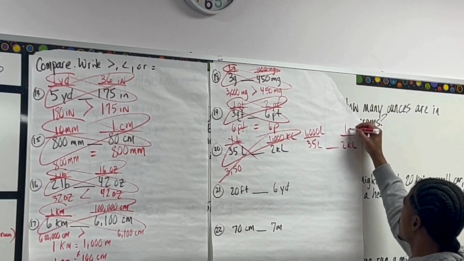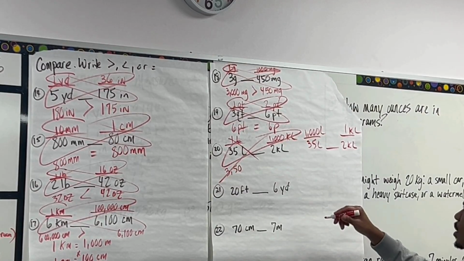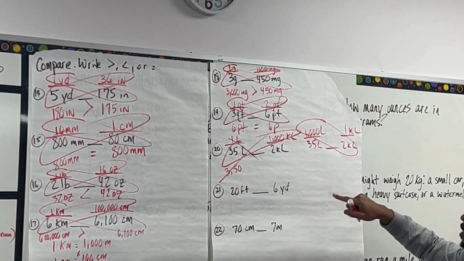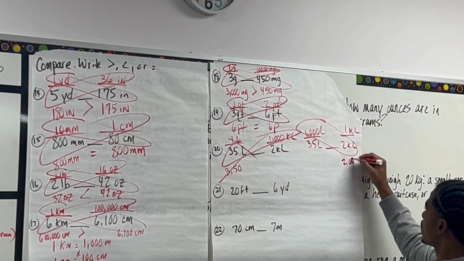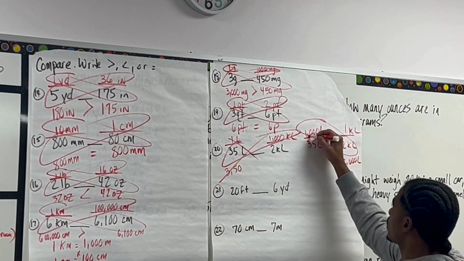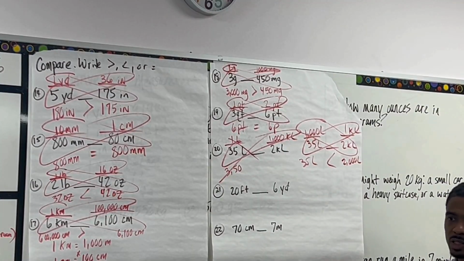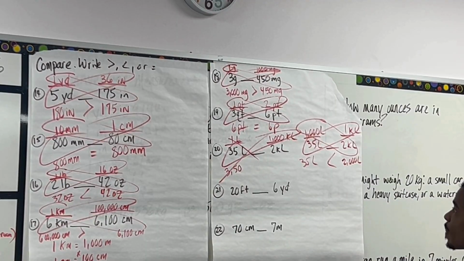Because that's 1,000 liters. It would have looked like this. I feel like I seen some people, they was like, whoa, whoa. My bad, I did those backwards. Okay, so 1,000 times 2, that would have been 2,000 liters. And then 35. So obviously 2,000 is great. You got that one too? That's really good.